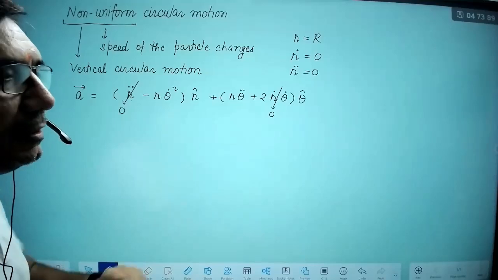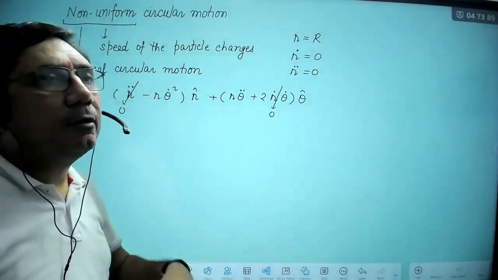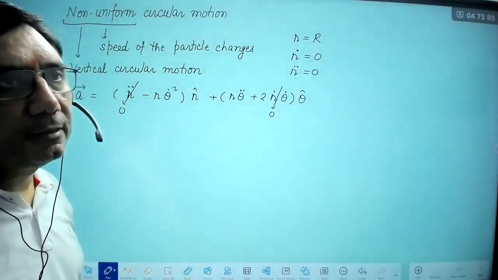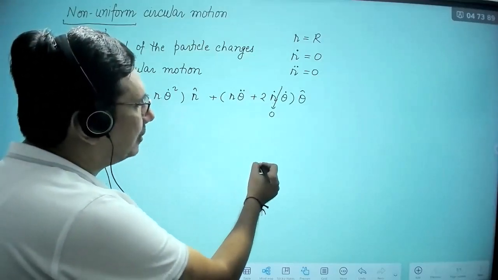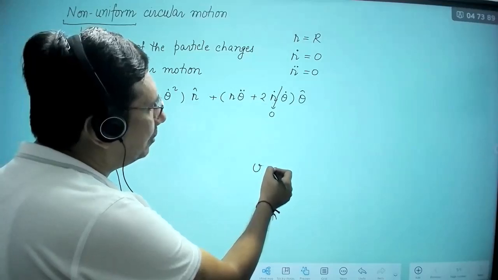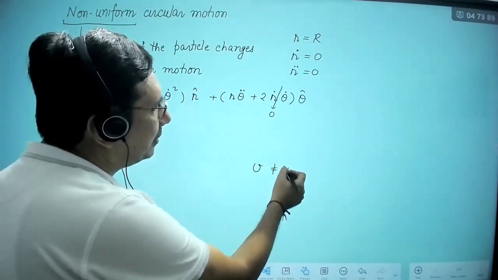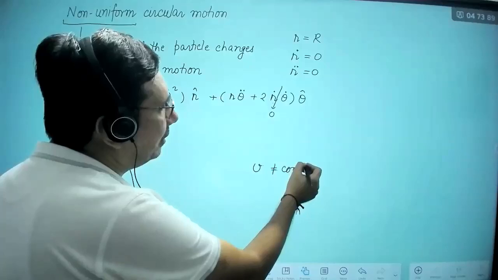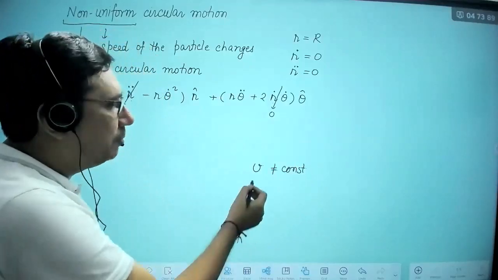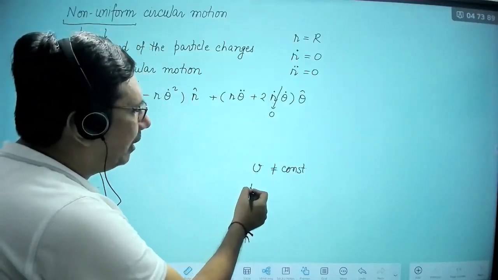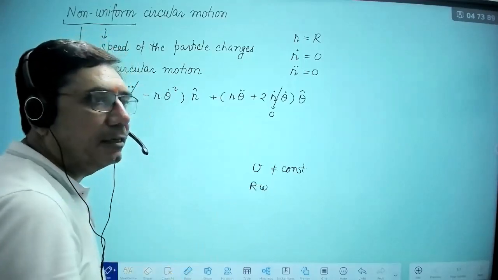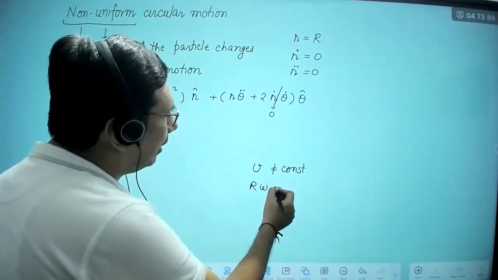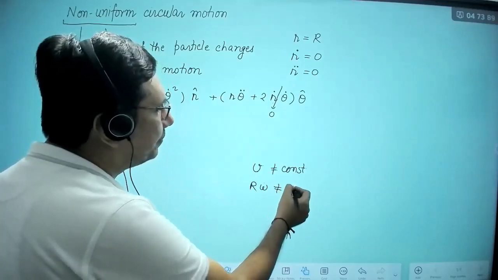But this time remember, the angular velocity is not constant. Try to understand why. You are saying that speed is not constant. Speed is r omega in case of circular motion. So r omega is not constant.